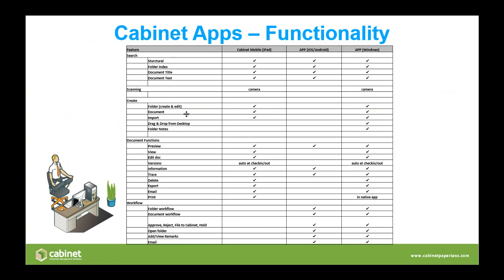In our vision for these apps, we're going to go to just having one app for iOS type devices. So that's iPhones and iPad type devices. So we're not going to do anything else with the iPad app, but we're going to take the functionality that it has and move it over to the iOS and Android app in the future.